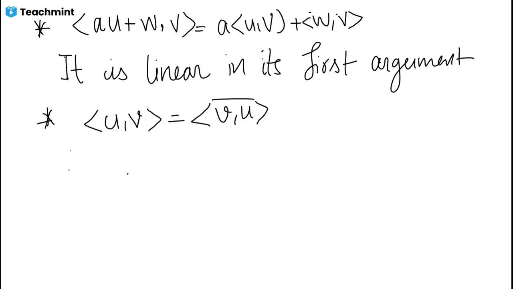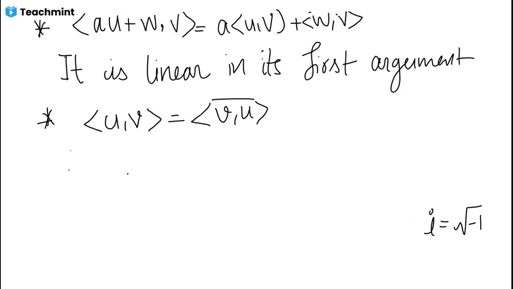Like, do you remember iota? Iota is equal to square root of -1.